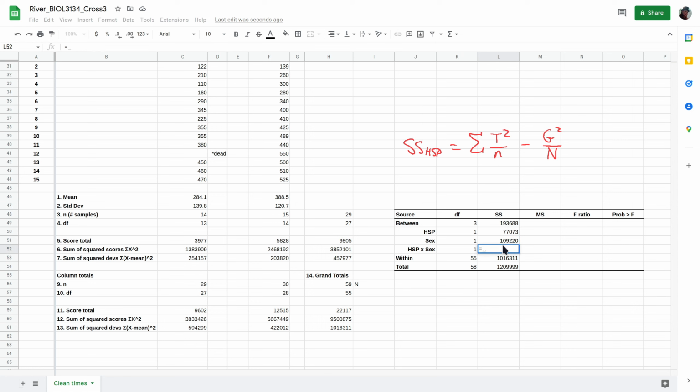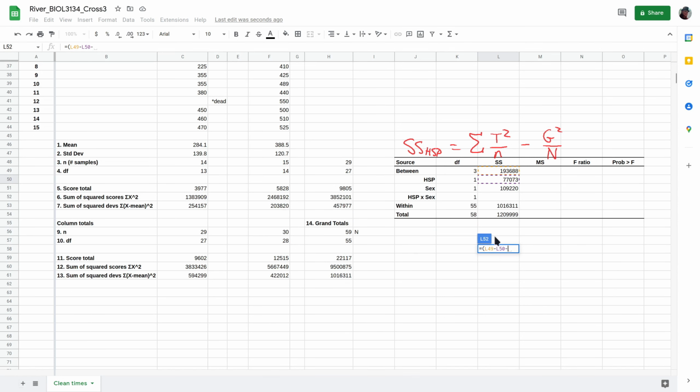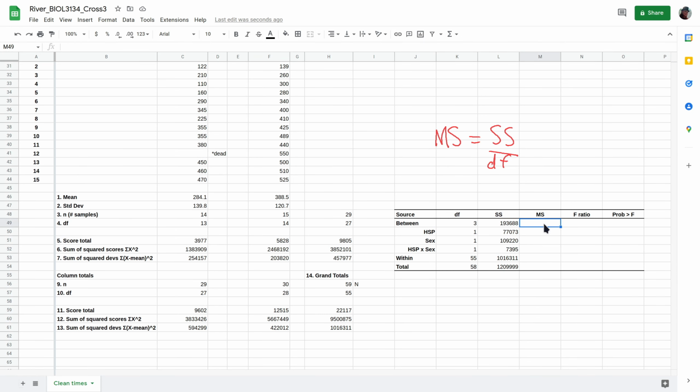So we'll take equals, the between minus the HSP minus sex. Okay, and that's that. And now we recall that the mean squares is simply the sum of squares divided by the degrees of freedom, and we can do this whole column in one shot.